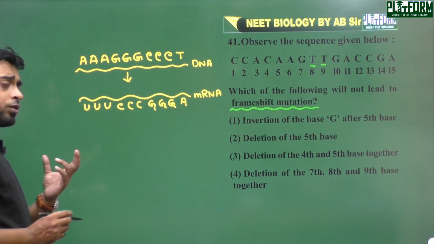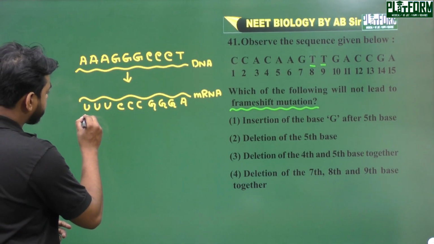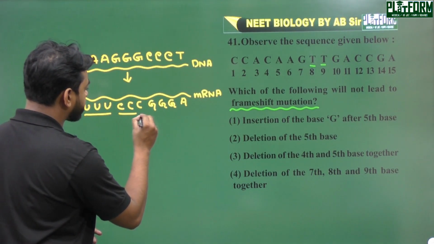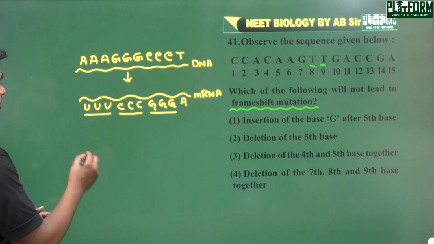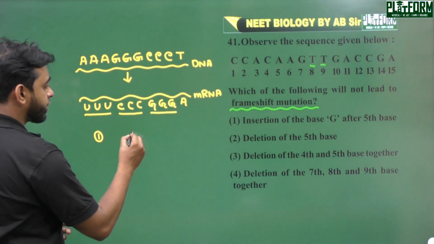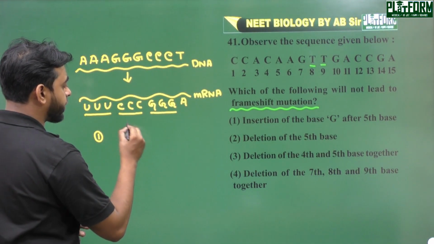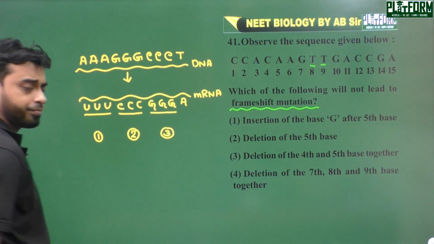So what do you mean by the reading frame? Reading frame means one codon is considered as one reading frame. So this is the first reading frame, this one is the second reading frame, and this one is the third reading frame.